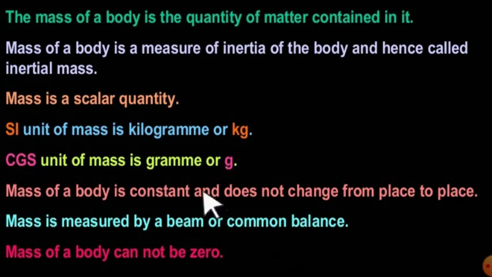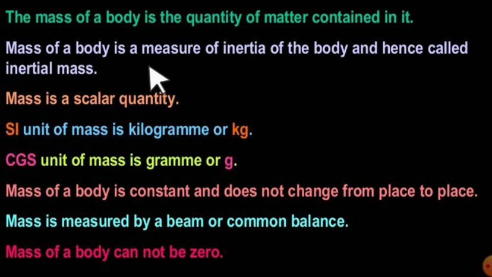Now let's see the properties of mass. The definition, as I told you, is the amount of matter present in a body. The mass of a body is a measure of its inertia and hence is called inertial mass. We learned inertia in Newton's law of motion.